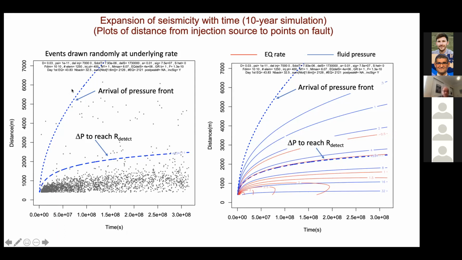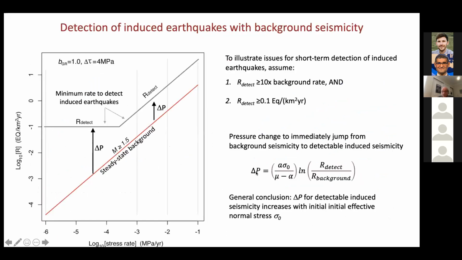This dotted curve is the arrival of the pressure front from a point source of injection. In this case, the fault is half a kilometer from the injection point. And the heavy dashed line is this delta P to reach detectable seismicity.